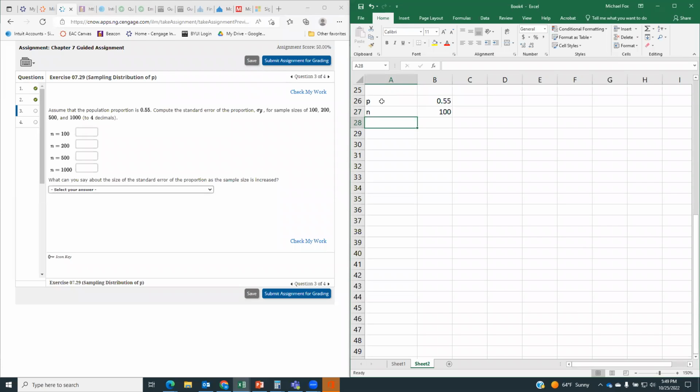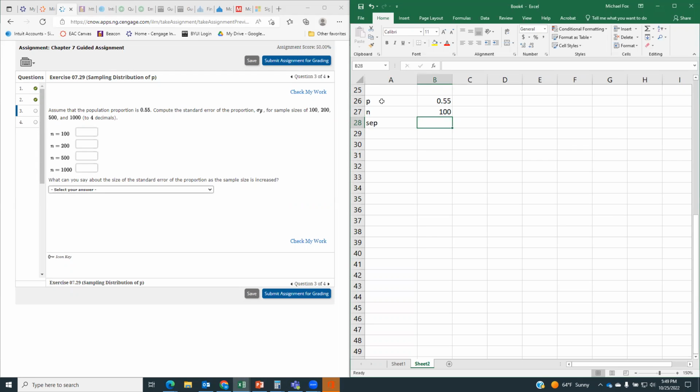The standard error of the proportion is another one of those things that you just have to know the formula for. The formula is in the book if you need it, on pages 332 and 333. But it's always the square root of P, the population proportion, times 1 minus P, over n.